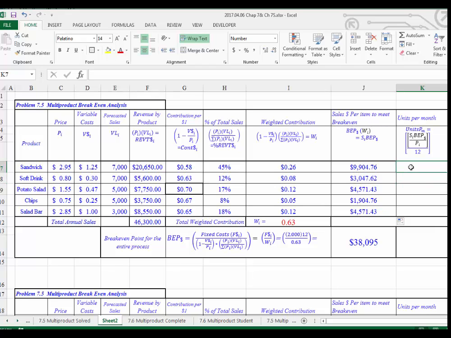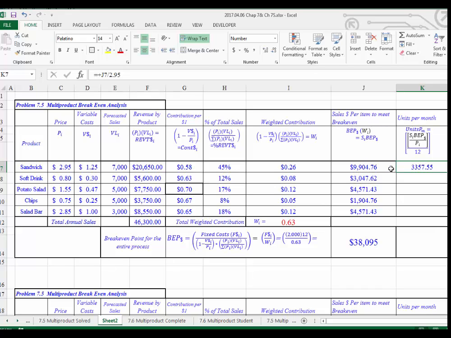And then the last computation we need to do is figure out how many of these things are we selling, like the numeric number, how many sandwiches. So first thing we do is take the total sales in sandwiches and divide it by 295. Now this number here is the total number of sandwiches that we need to sell in order to make that amount.